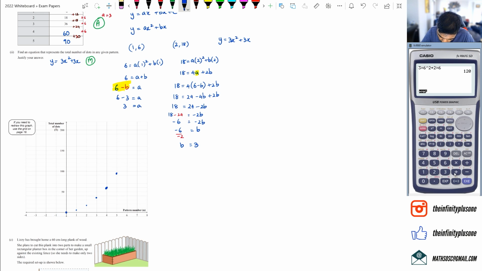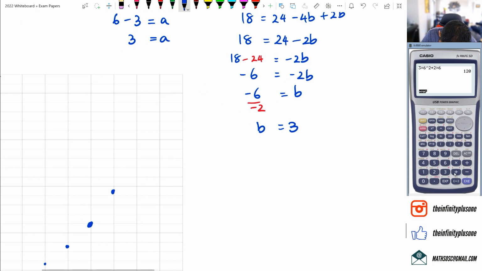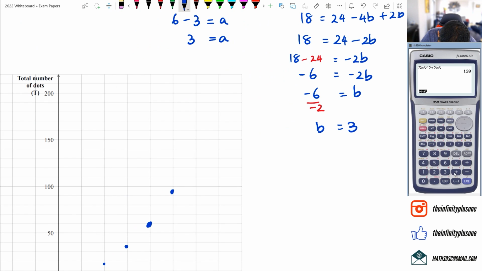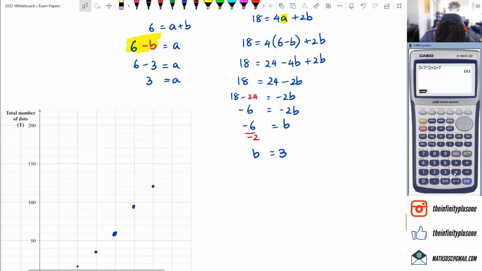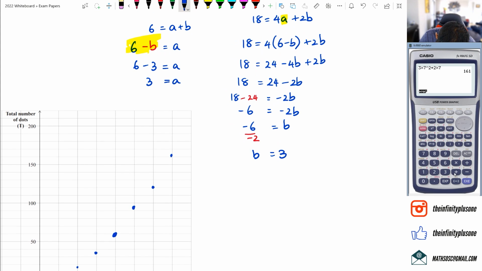So that's 126 at 6, wait, that's 120 at 6, so 120 at 6 is going to be here. Then we've got to do it for 7. I'm just going to replace all of those values, which gives 161, which is somewhere here. And then we've got 8, which happens to be 208.